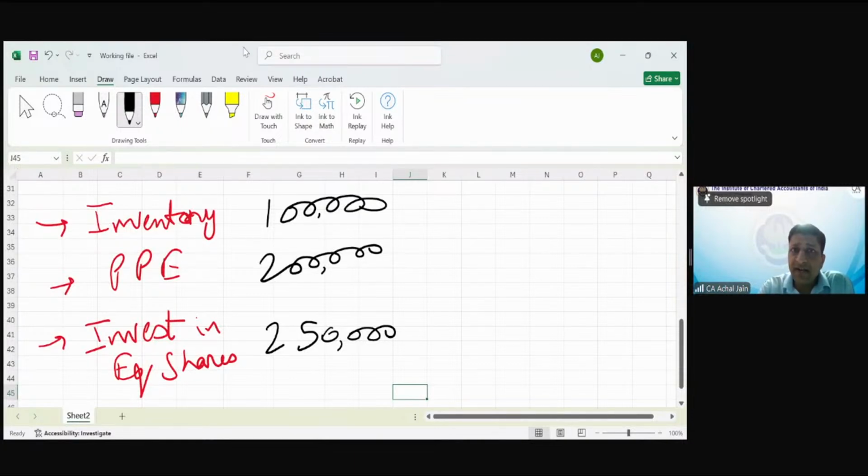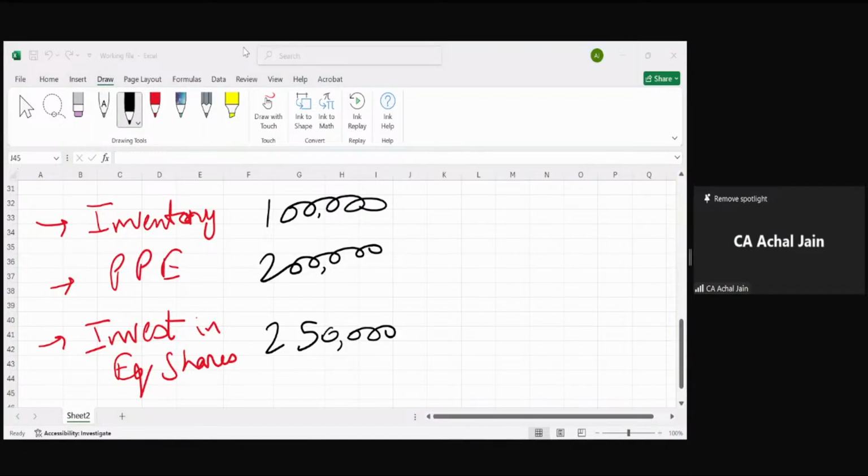Can we say that? Yes, sir. So for inventory, are you sure that you will receive 1 lakh? No, like that, it is not fixed. Correct. So that's what makes it not fixed.